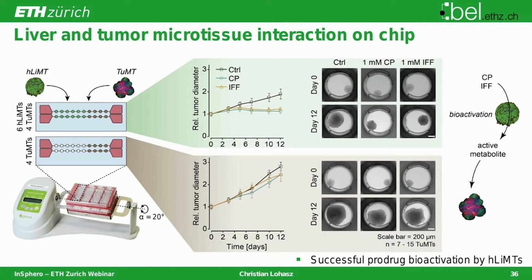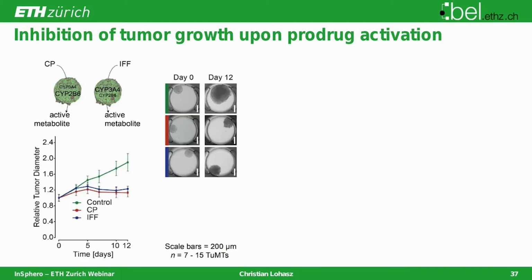Having shown this successful interaction of the two microtissue types, we now, of course, wanted also to take a look at the drug-drug interactions. Therefore, again, we cultured the microtissues on chip with the two microtissue types under exposure of cyclophosphamide and E-phosphamide. And here you see the growth curves that I already showed before.